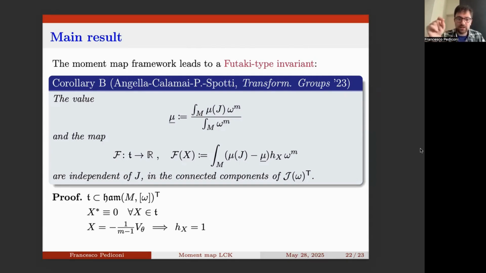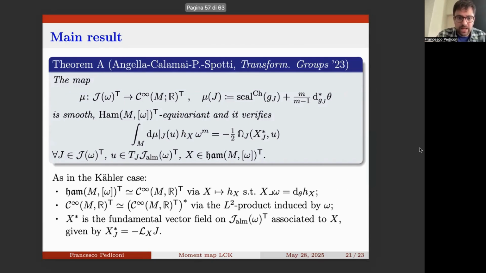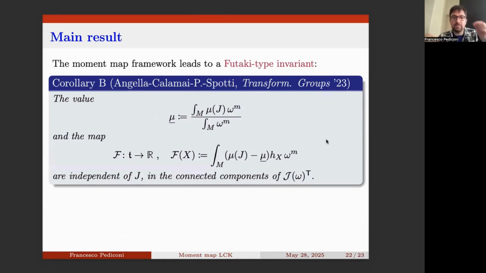Because if you remember, the X star was nothing but minus the Lie derivative of J with respect to X. So in particular, if you go back to the moment map equation, whenever you put X into the Lie algebra T, the right-hand side vanishes directly. So that's why you get that this function and this number are independent of J, at least in its connected component of the space of compatible complex structures.